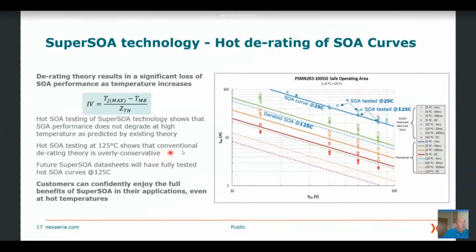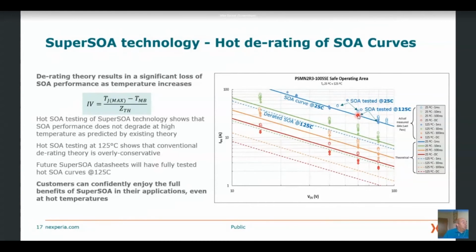With SuperSOA, as you can see from our test points, the diamonds on the curve are the measured devices at 125 degrees. So what you can see is that even at 125 degrees, the SOA performance has only fallen off a little bit compared to room temperature.